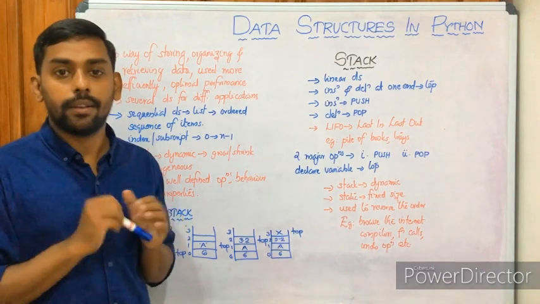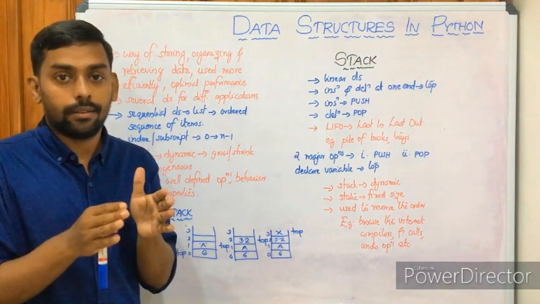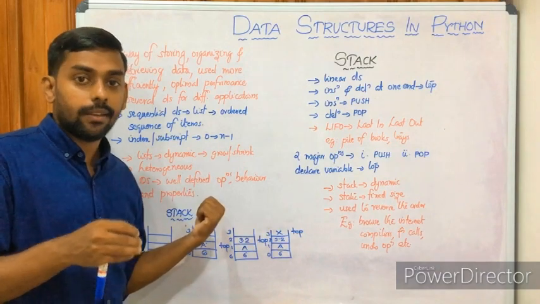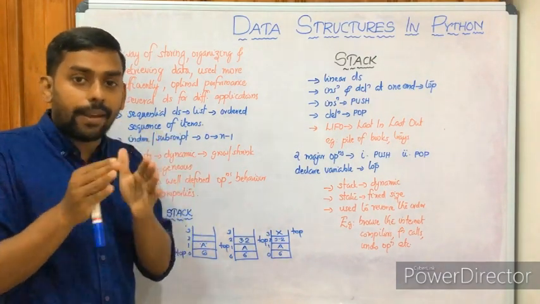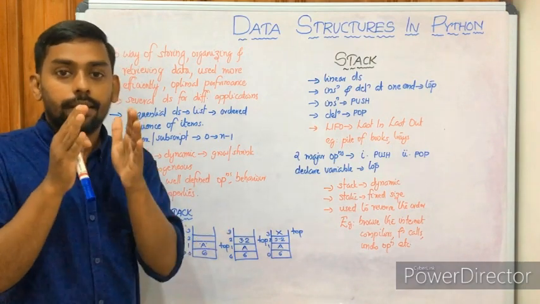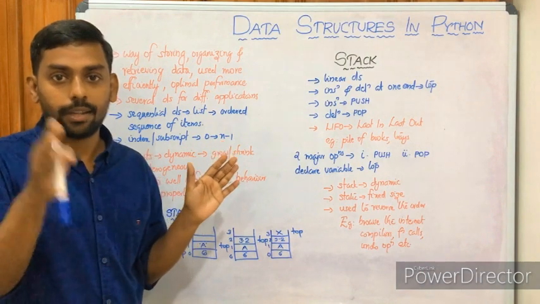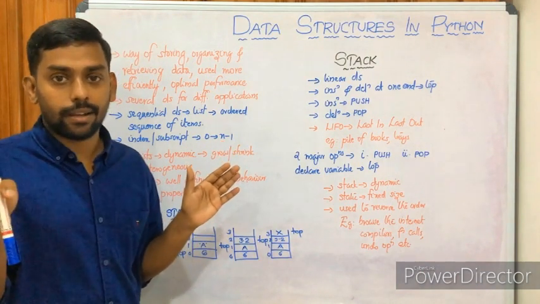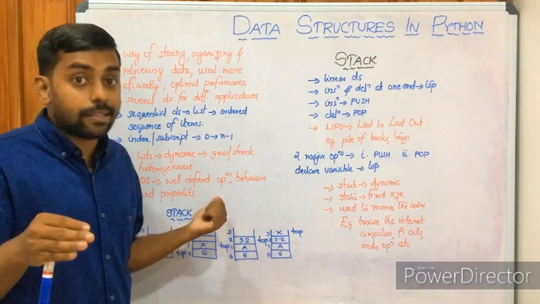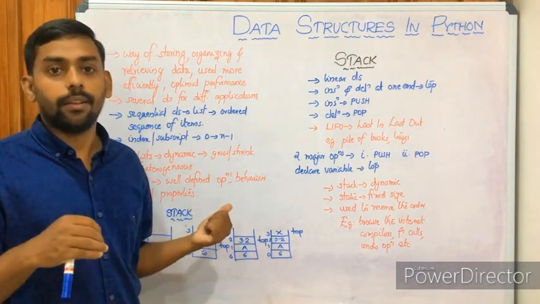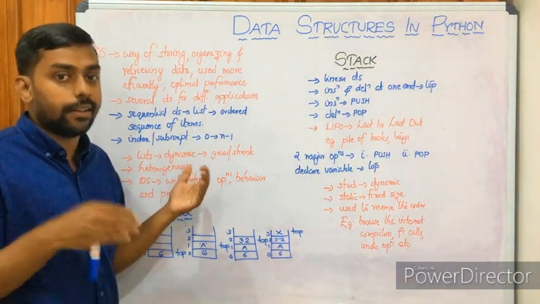So here the pen acts as the implementation method, just like a list in the case of stack and queue. Here the pen acts as the list, and drawing and writing act as stack and queue. Hope you get it. Stack and queue are concepts, drawing and writing are concepts, a list is an implementation method, and a pen is another implementation method. That is why we have discussed list in detail.